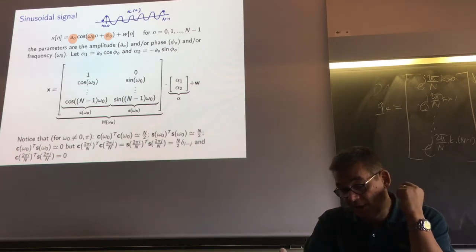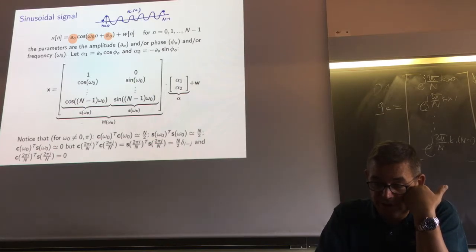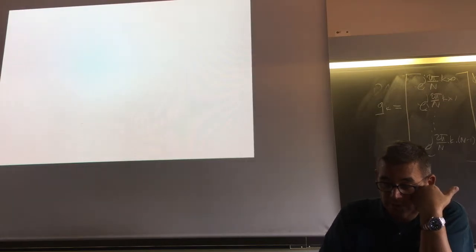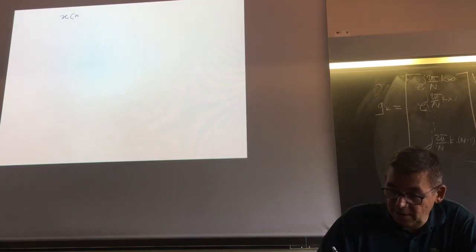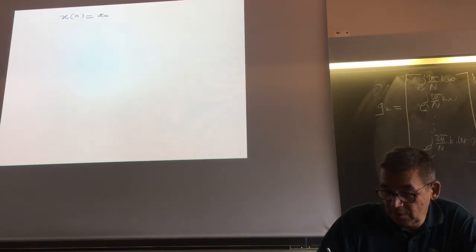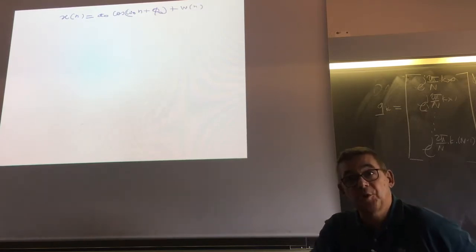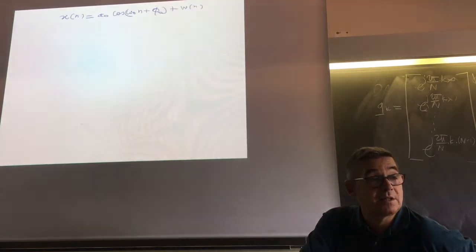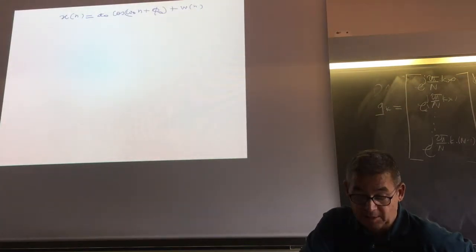Now, what I can do is reorder a little bit. Let's add a page. So I have my sinusoid, which is x[n] = A0 cos(omega 0 n + phi 0) plus noise. Now the sinusoid is very important in our semester. So this model is a model that we will treat many times.